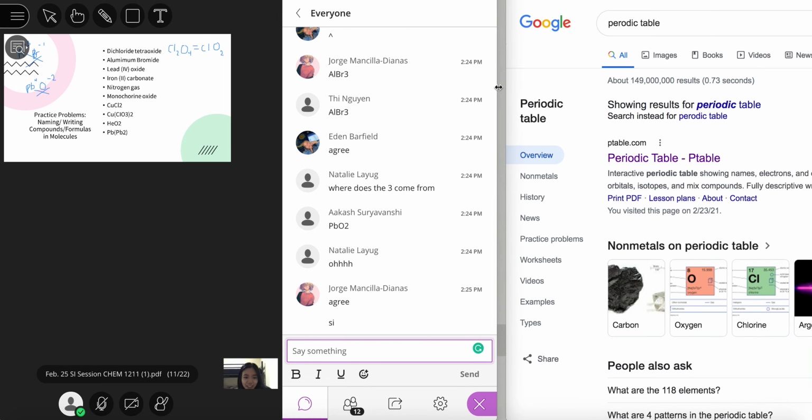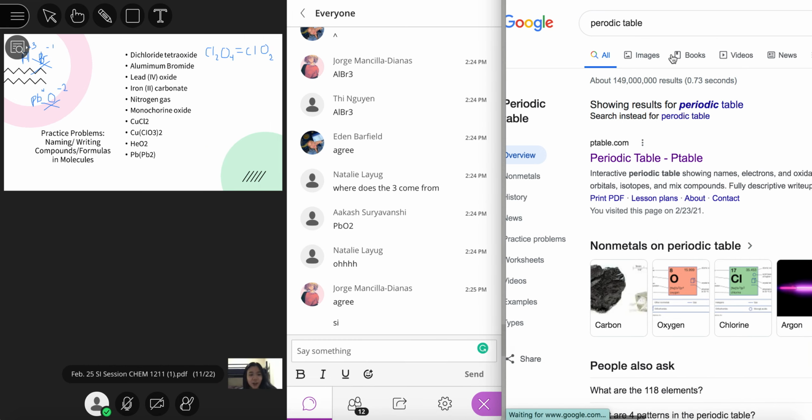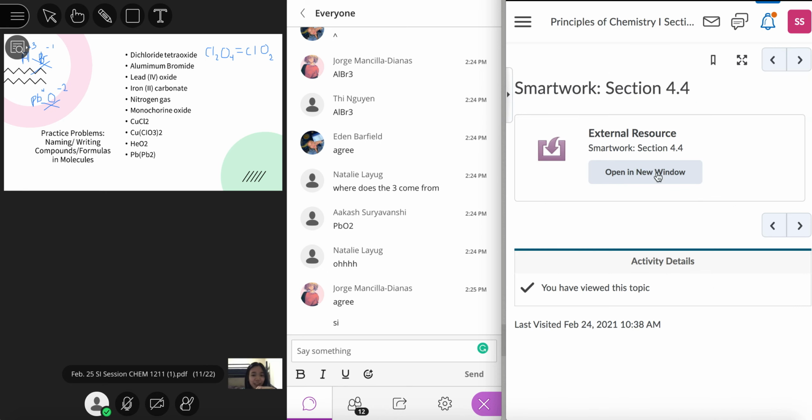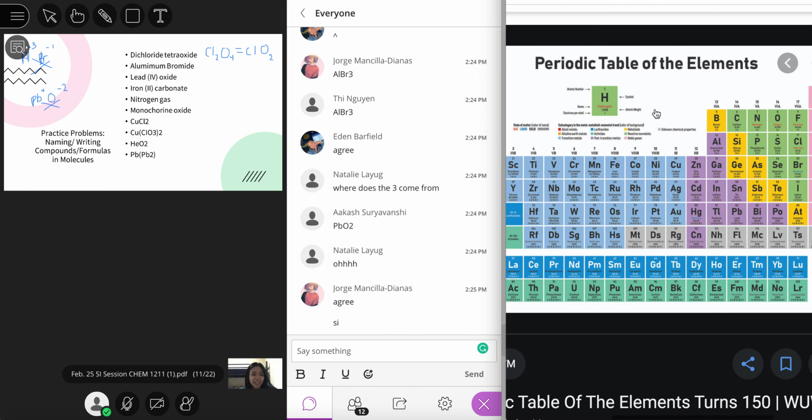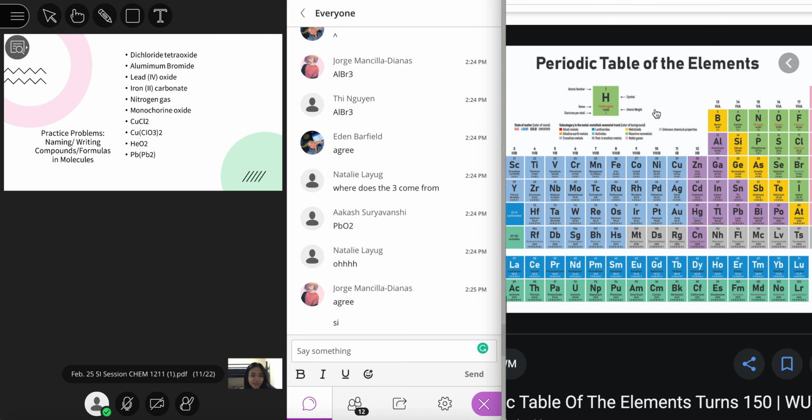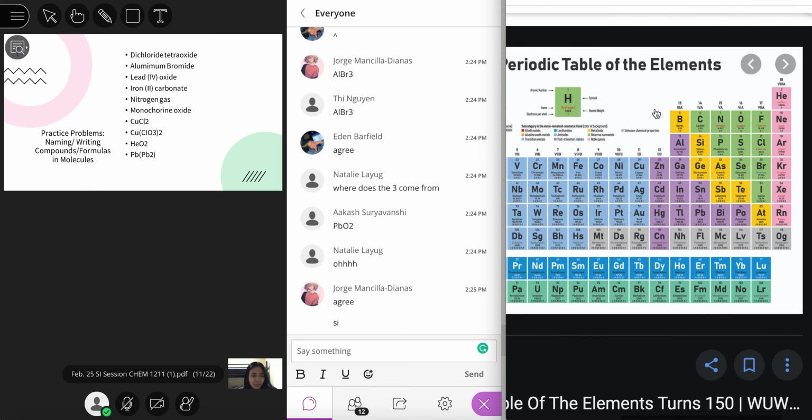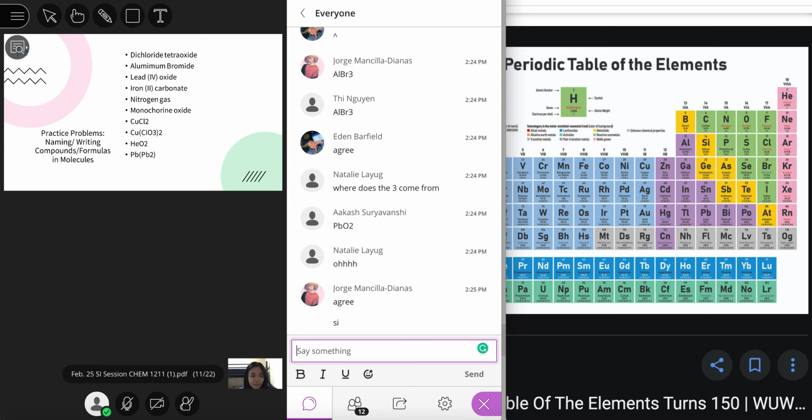And then iron carbonate. Carbonate, I never went over with you guys, but someone listed it before. I think it was Jorge, and we talked about it. So, what's that one? What's carbonate look like? Do we know?